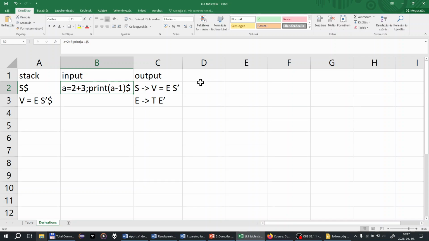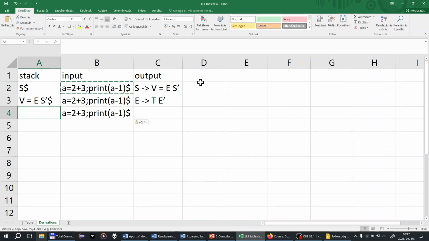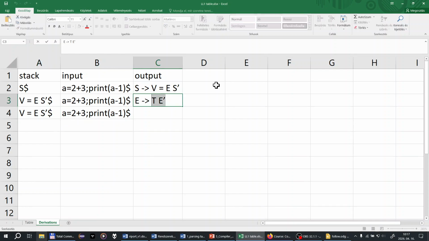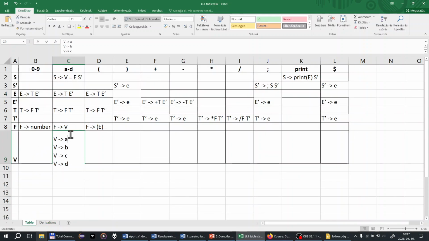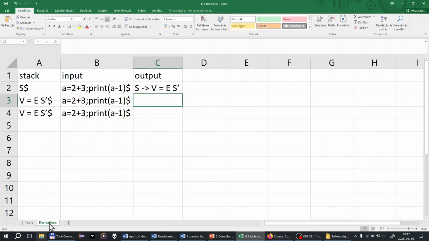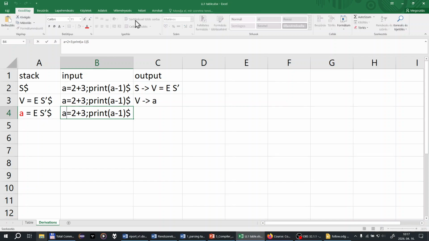So this is applied, which means that, oh, sorry, it starts with a V, so we have to apply something for the V. For the V and A, we have V to A, which means this starts with an A. And in this case, we have at the top of the stack and at the input the same symbol, so both are eliminated.